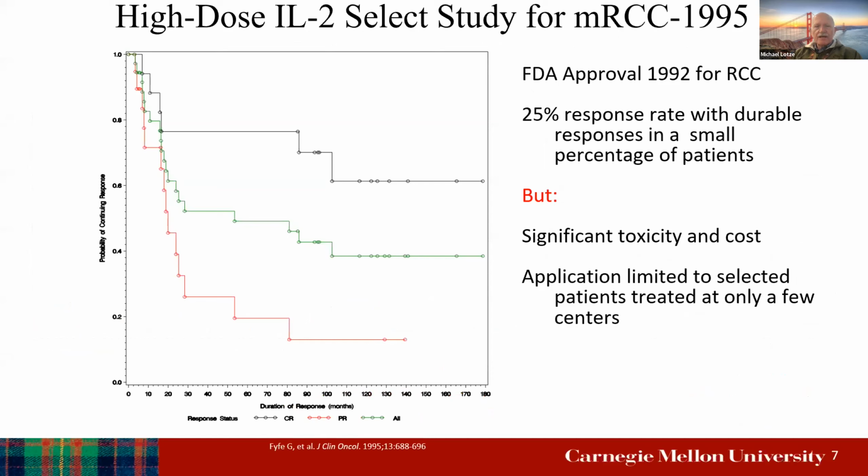This is a recent study showing that even in the period in which kidney cancer can be treated with multiple other agents, including checkpoints and what are called TKIs, tyrosine kinase inhibitors, we still see a full 25% at least response rate, with both CRs, shown in the top line, and PRs, with substantial responses blended in that green line in the middle.